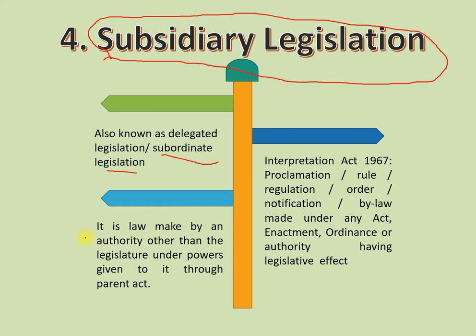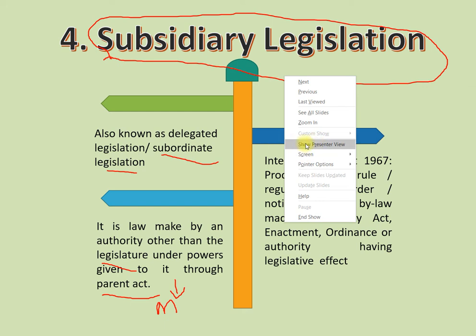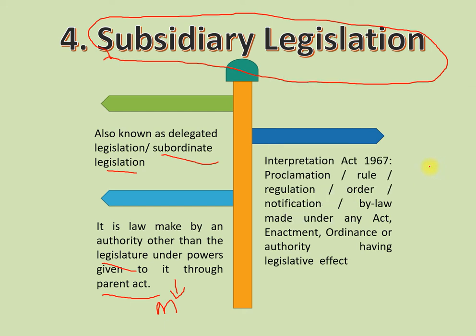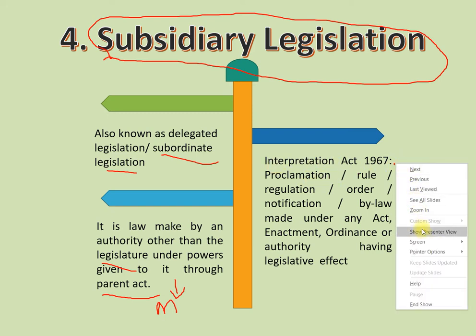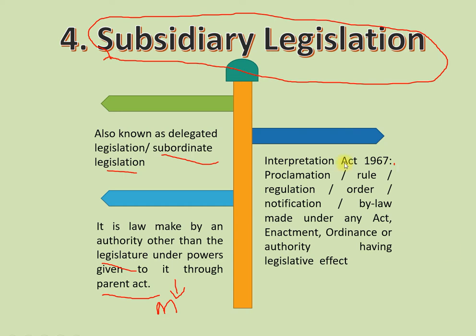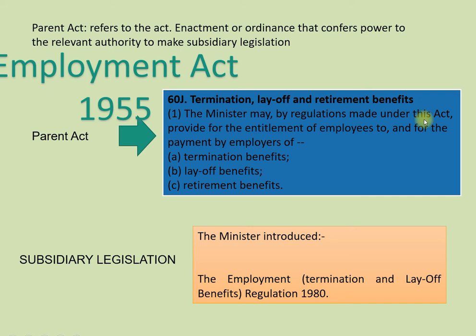So another characteristic of subsidiary legislation is that it is a law made by an authority other than the legislature, under the power given to it through a parent act. For example, a minister. Take the Employment Act, for example.